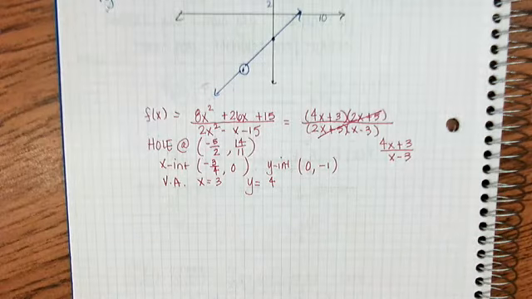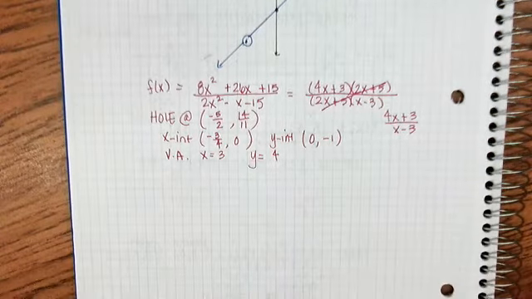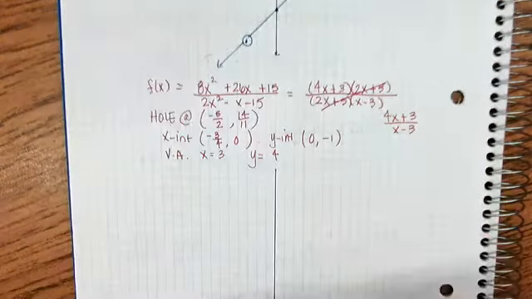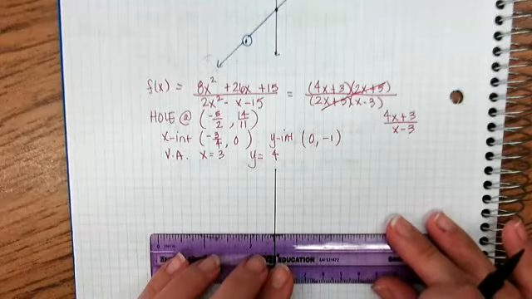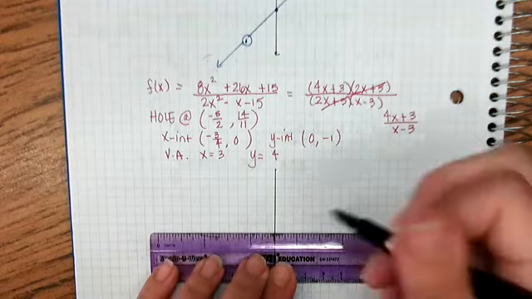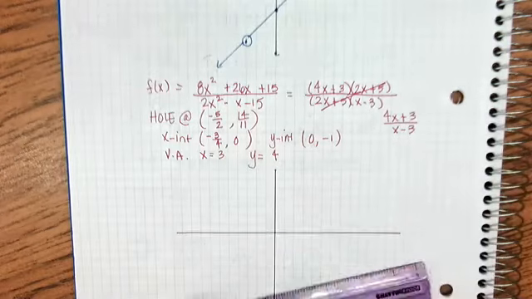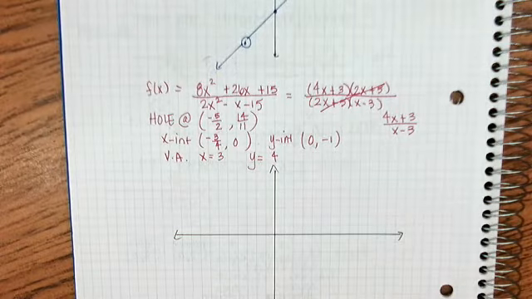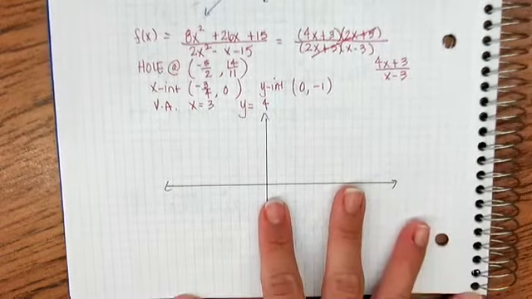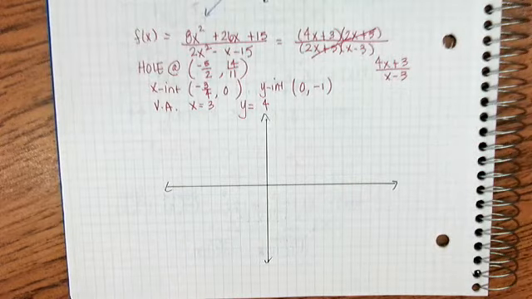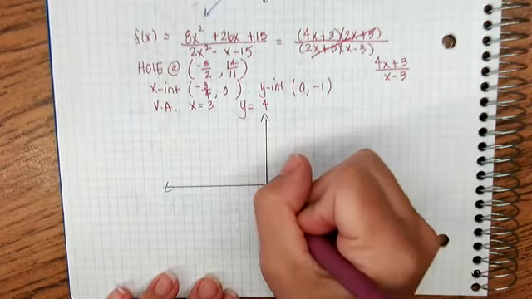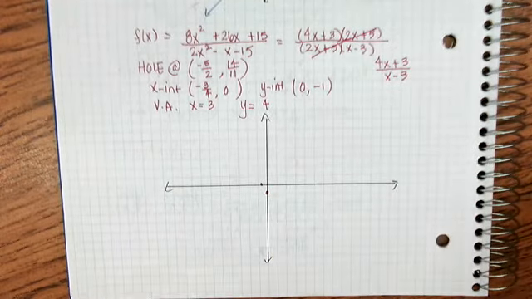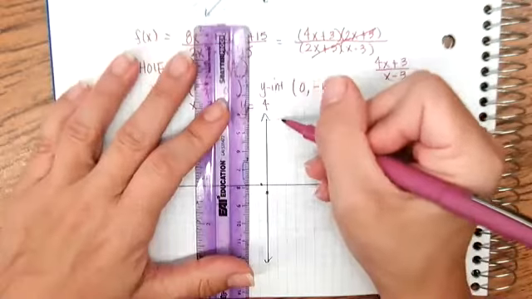The nice thing is there's only one vertical asymptote, so we don't have to worry about all these different sections of the graph. (0, -1), (-3/4, 0). X equals 3.